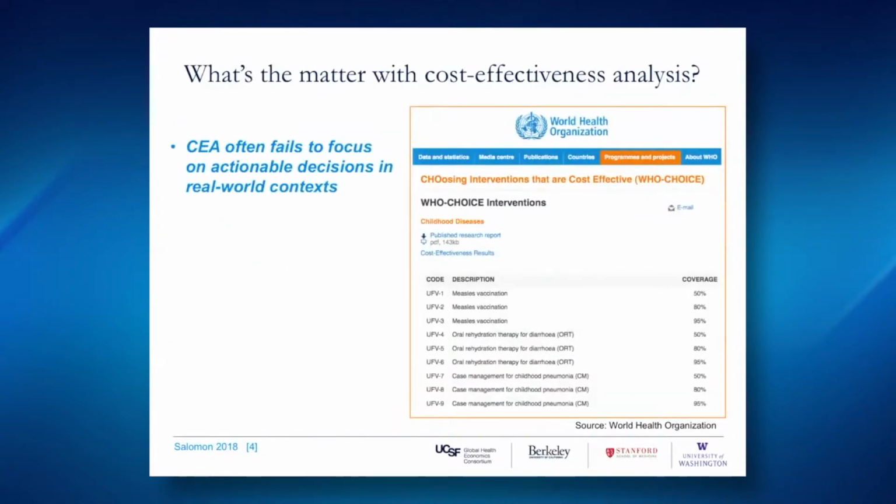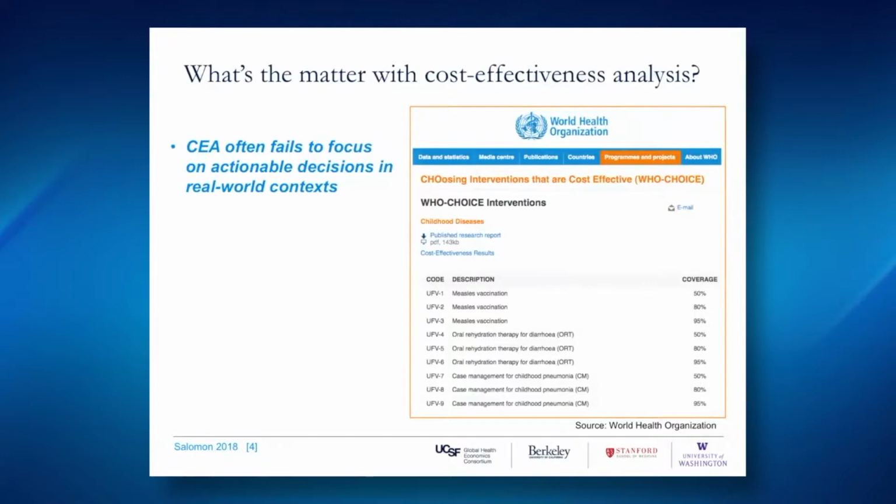A second problem is that cost-effectiveness analyses often fail to focus on actionable decisions. So we tend to know, relatively speaking, a lot about technologies and their efficacies. But we know much, much less about how to deliver those technologies at scale with high quality.